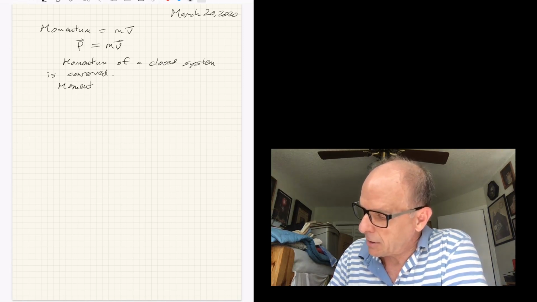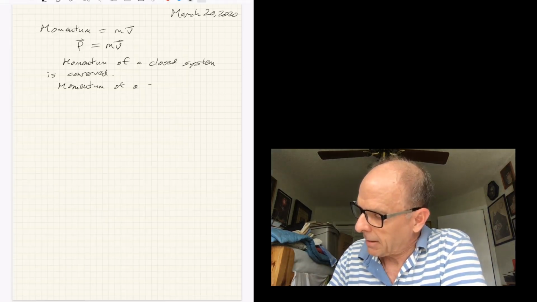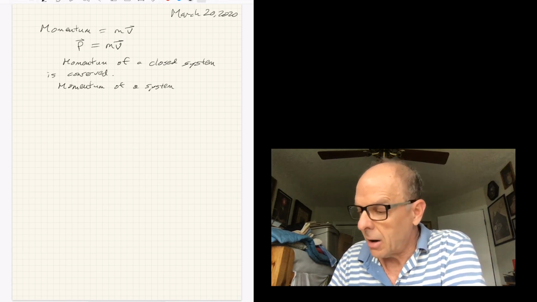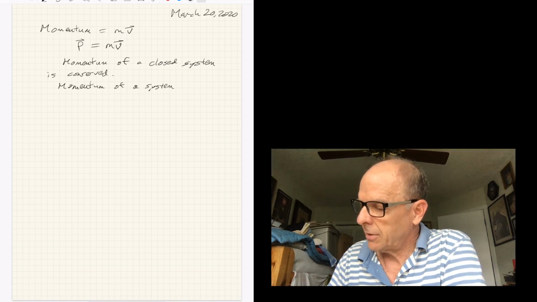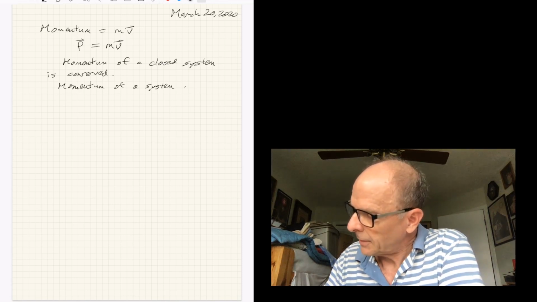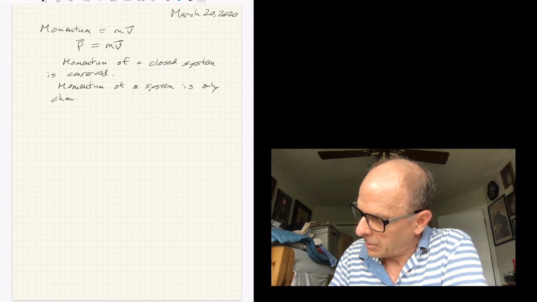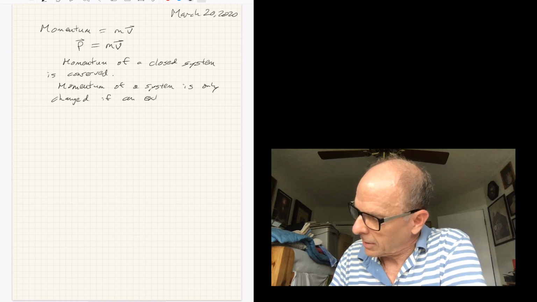And so we can quantify that by using Newton's second law in combination with the definition of momentum. So the momentum of a system is only changed if an external force, and that means external to the system, acts on it.